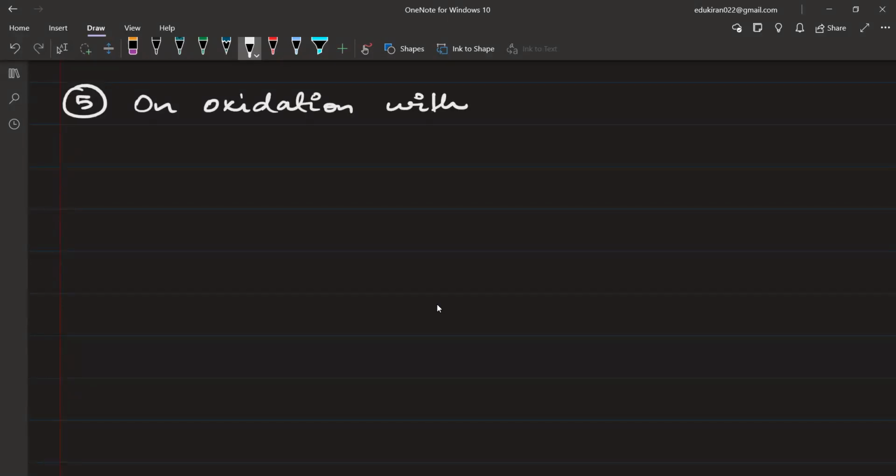On oxidation with dilute nitric acid, it gives gluconic acid. Wait a second. On oxidation with dilute HNO3, एक सेकंड से लिखिए, comma, glucose and gluconic acid.